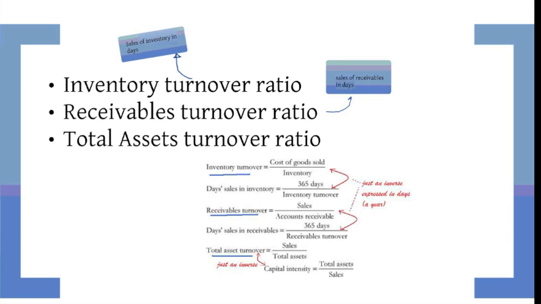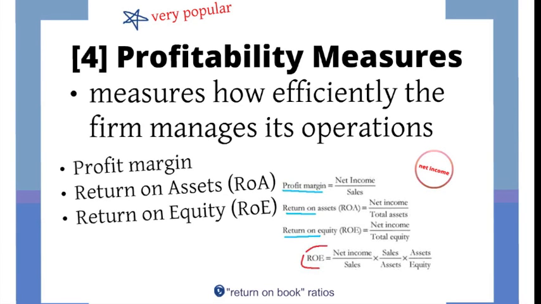Fourth area where we use financial ratios is to measure profitability. That means how efficiently a firm manages its operations, and actually assets as well. And these include very popular ratios such as profit margin, return on assets, return on equity. And look at all these ratios.